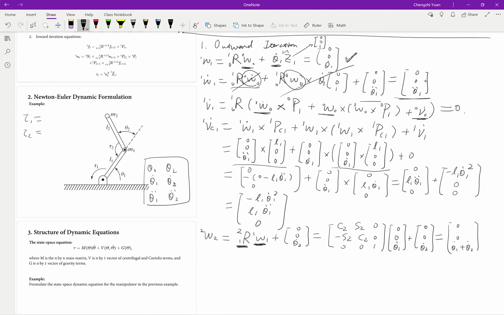So next one would be omega 22 dot, the angular acceleration.